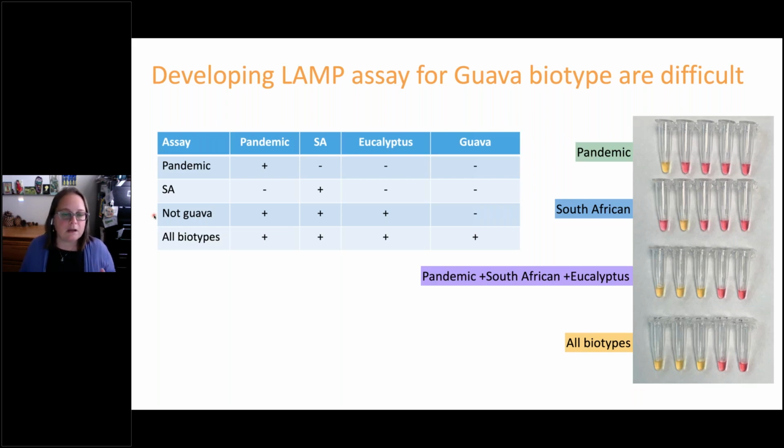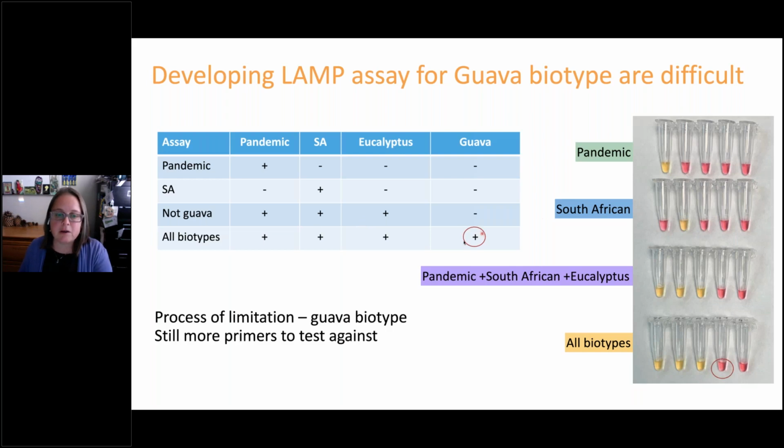And then we've been working on developing an assay that amplifies everything but the guava, and then another one that amplifies all biotypes. And that way, if we can't get one that's really good for guava, we will be able to basically assess if this is positive. We'll know that that one sample is actually the guava biotype. But what we found thus far is that we aren't able yet to develop an assay that works for all biotypes. So we're still testing that and working through these.